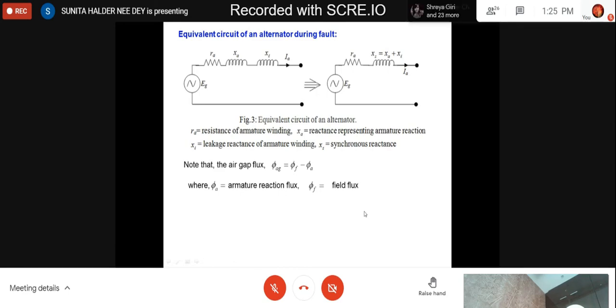There we obviously need the representation of the generator also. We have discussed that a generator is represented as a voltage behind a reactance. Now, when there is a fault, that reactance may be the sub-transient reactance, the transient reactance, or the steady state reactance, because the induced EMF will be the same, but the reactance offered by the generator depends on the fault current.